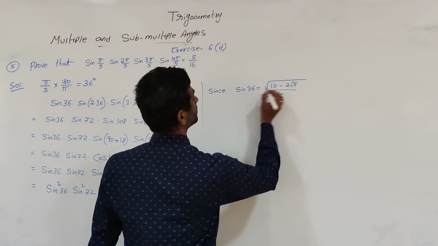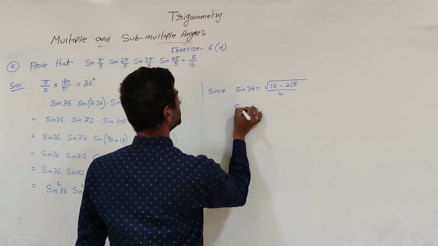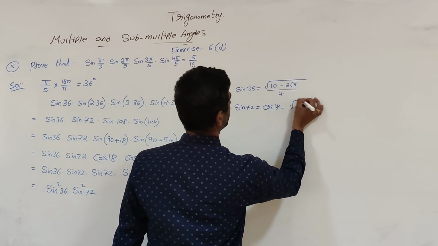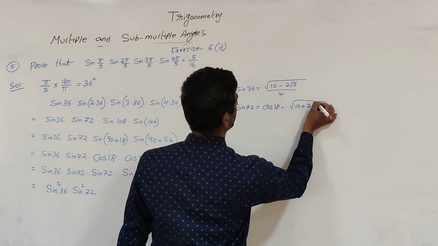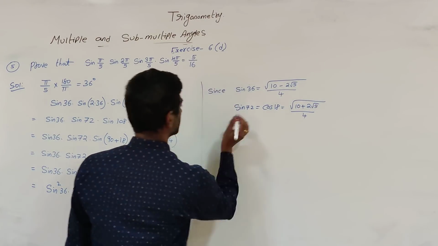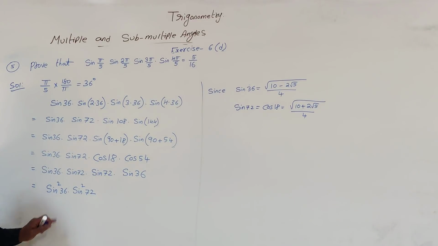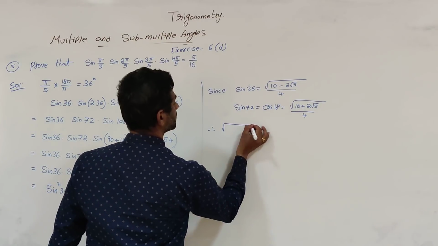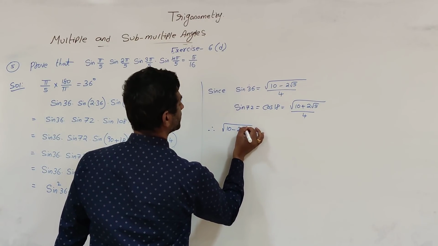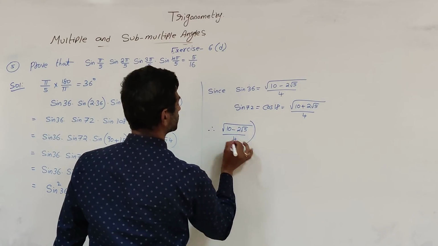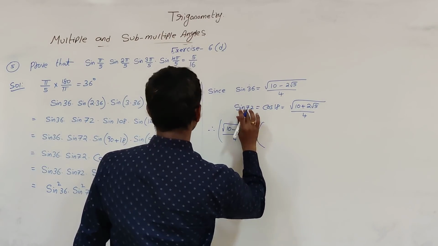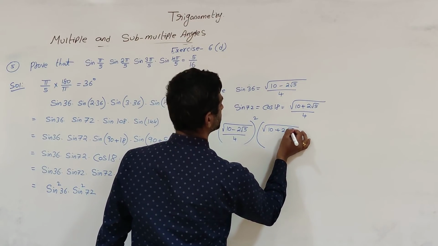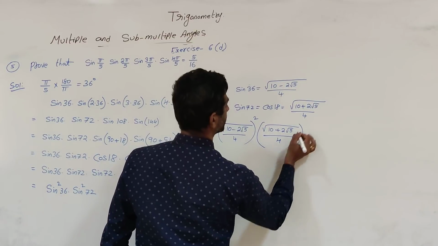So sin 72 is equal to cos 18 degrees, that will be under root of 10 plus 2 root 5 by 4. Now substitute these two values in this product. So sin 36 whole square means under root of 10 minus 2 root 5 by 4 whole square, into sin 72 value, under root of 10 plus 2 root 5 by 4 whole square.